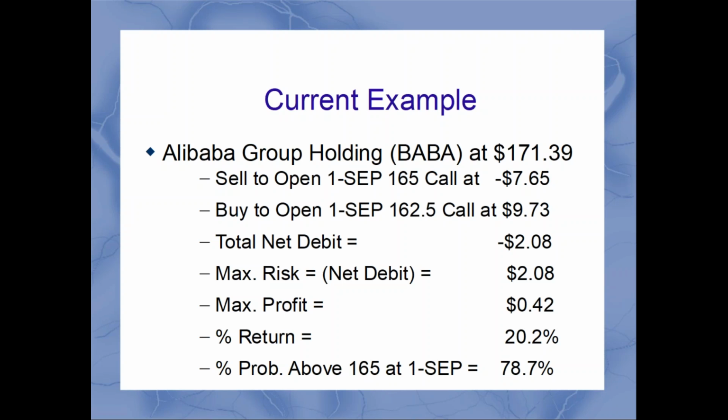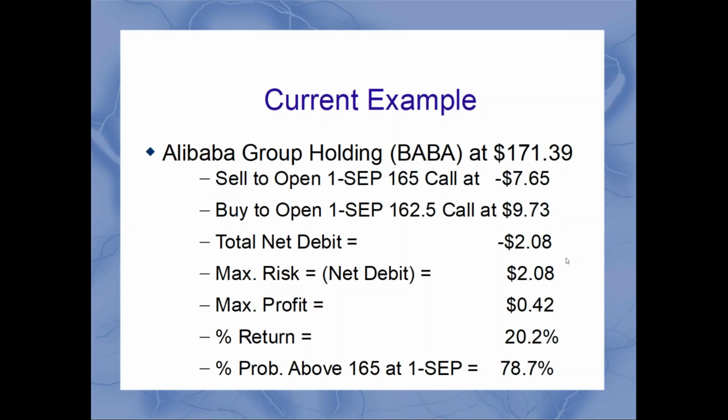But to complete the spread, I'm going to buy the 162.5 call for $9.73. So my total debit is $208. That's what I've paid out of my account, $208 for one contract, $2,080 if I did 10 contracts. This is the maximum risk on the position, the debit that we paid.